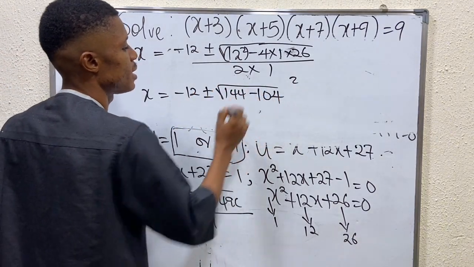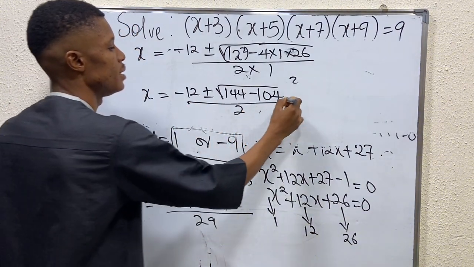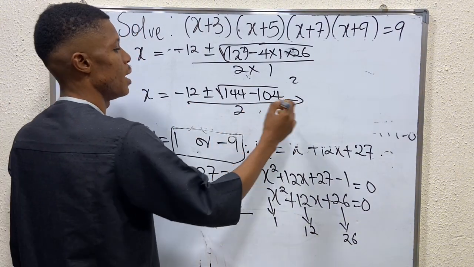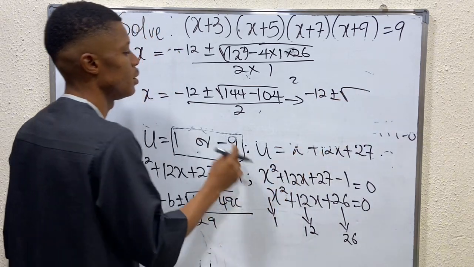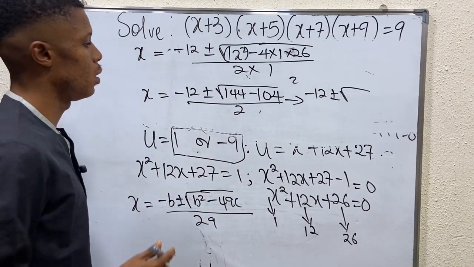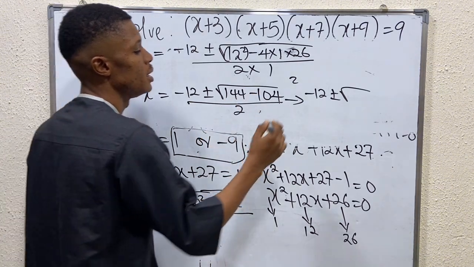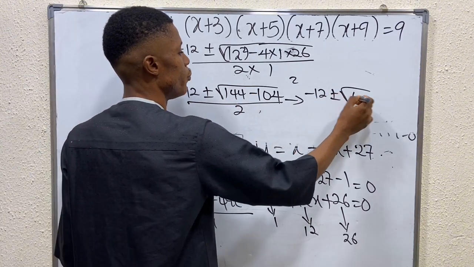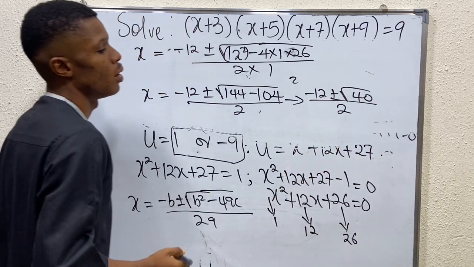We have it as 104, divided by 2. And this will now give us minus 12 plus or minus the square root of 144 minus 104, which is basically what? 40, divided by 2. Okay?